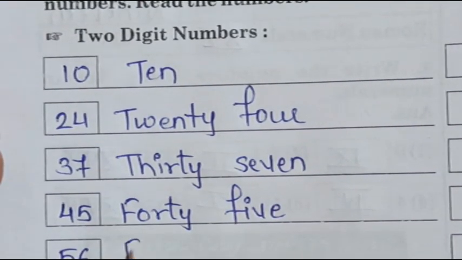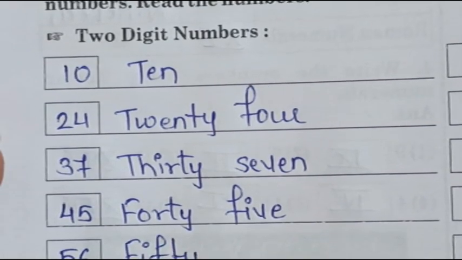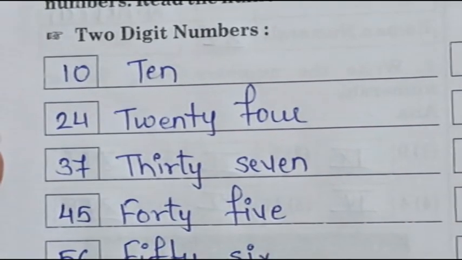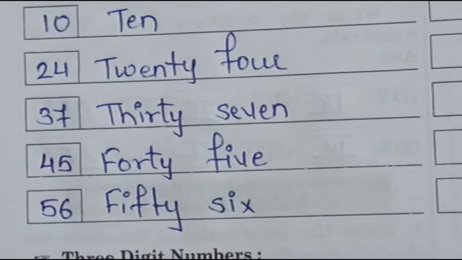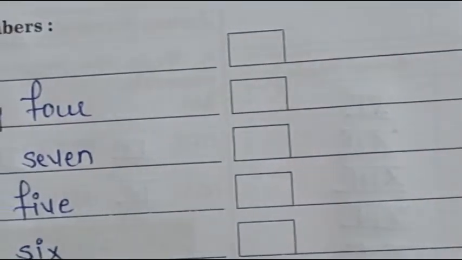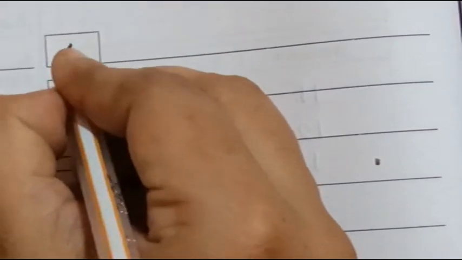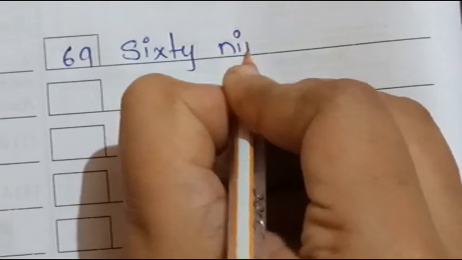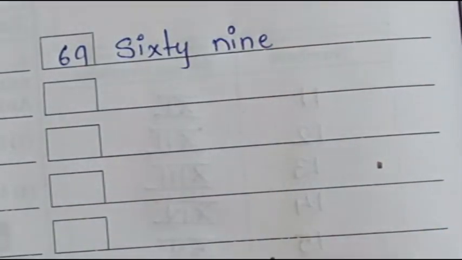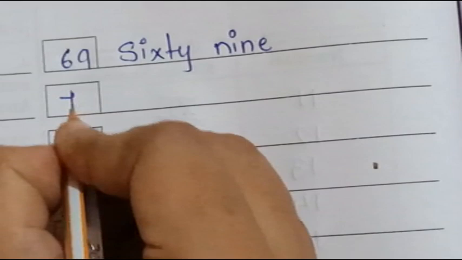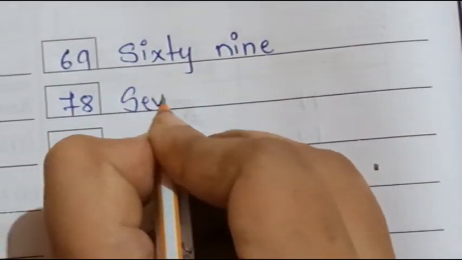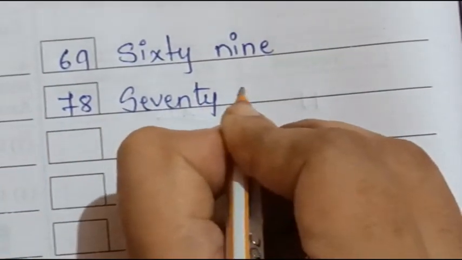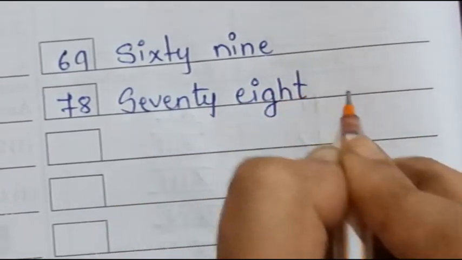Any number you can make. Don't think that whatever teacher is writing, so you will write the same numbers. Okay, 56. Done with this, the next 5 I'll write over here. The next number is 69. So I will write here 69. Next is 78. 78 I will write here.